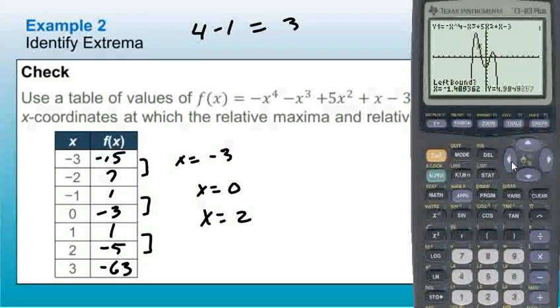Go to the left bound, enter, go to the right bound, enter, hit enter a third time, and we have negative 1.9, so about a negative 2, which would make sense because I was thinking of the other direction. So you're coming up from negative 15 to 7, and then you're coming back down. So that would be negative 2, 0. And here we would have a low point, relative.